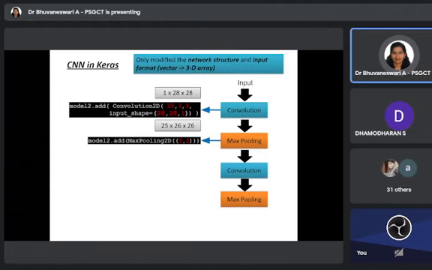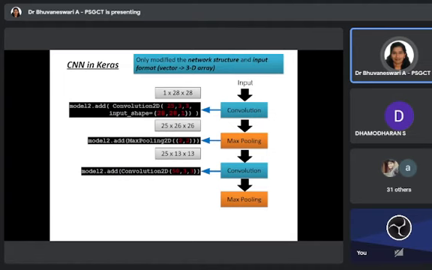Okay, then again you apply the convolution, which is to divide the 13 by 13 pixel, 25 images of 13 by 13, into 50 frames or 50 filters of size 3 by 3. So you get 50 into 11 by 11.